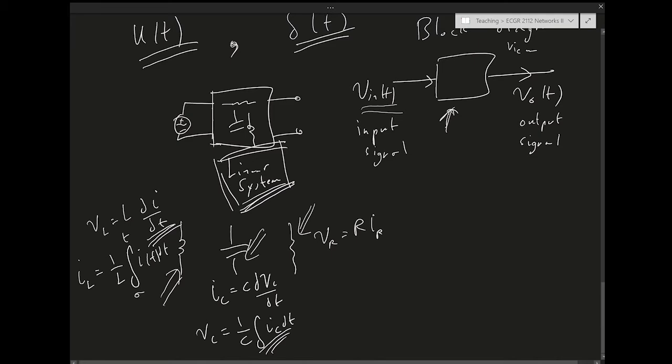Differentiation and integration always arise. Differentiation and integration and multiplying by a constant, right? So if the simplest elements are those, then a combination of them is going to be a combination of differentiation, integration, and multiplying by a constant.